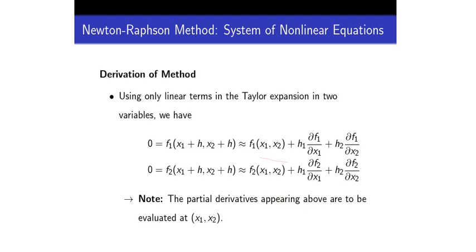Then you equate these, so you have these two equations equal to 0. So you can write them in matrix form, that is, AH equals minus F, and you can solve.